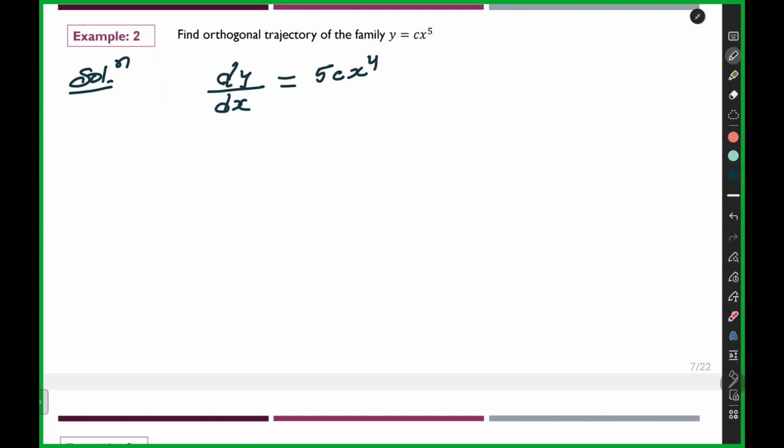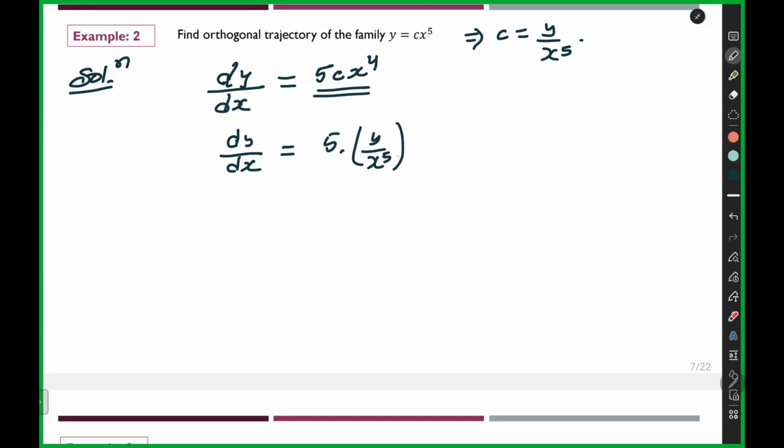Now, can you eliminate the constant c? Anyone? So c is equal to y by x to the power 5. So here dy by dx is nothing but y by x to the power 5 times 5 x to the power 4, which is nothing but 5y by x, right?